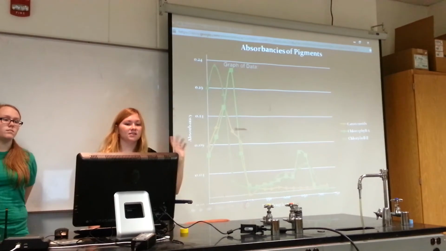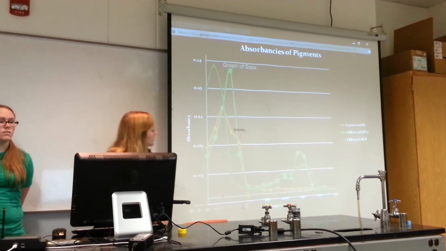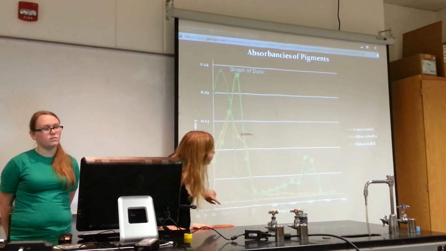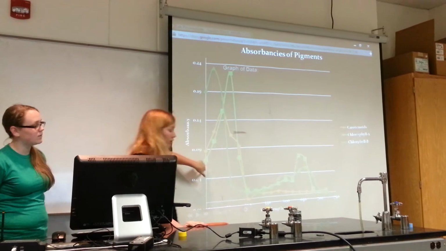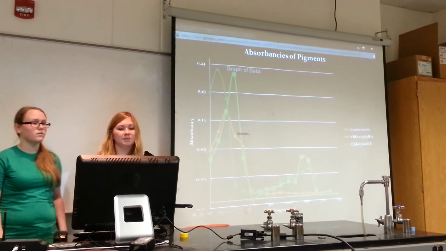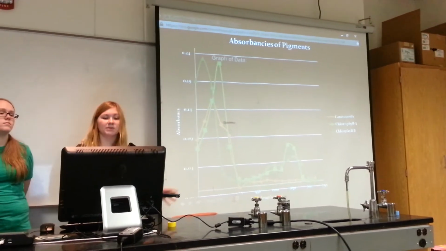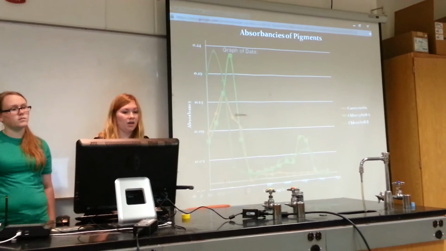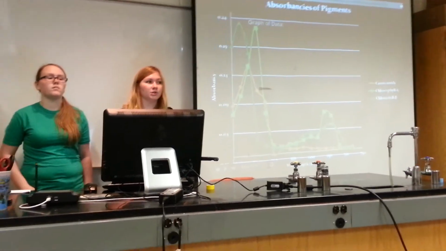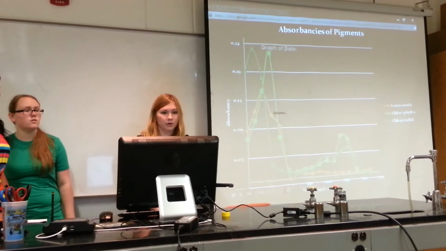What we can get from this graph is that chlorophyll A, the medium green one, absorbs the most at 460 nanometers, and it absorbs 0.224. Chlorophyll B absorbs the most at 420 nanometers, and it absorbs 0.232.